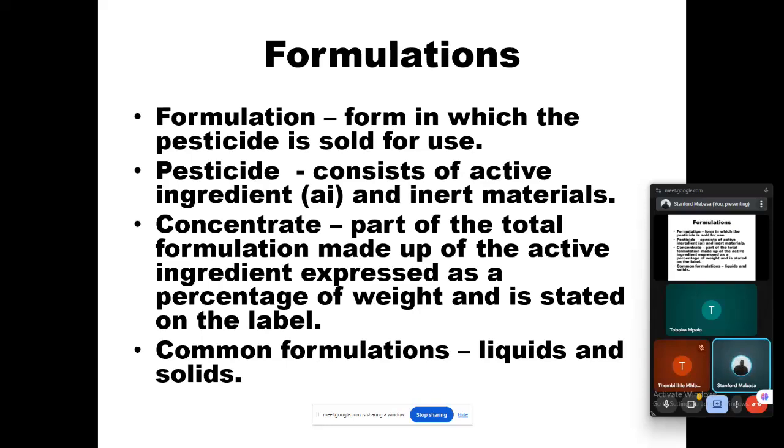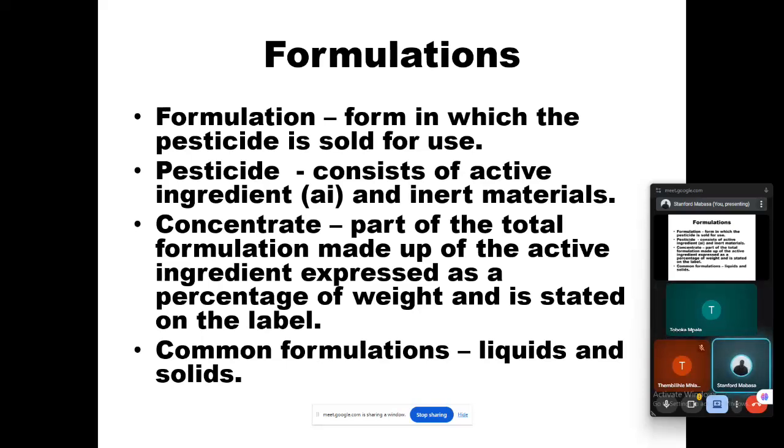So there are some materials which are part of the pesticide. Concentrate is the part of the total formulation made up of the active ingredient expressed as a percentage of weight and is stated on the label.